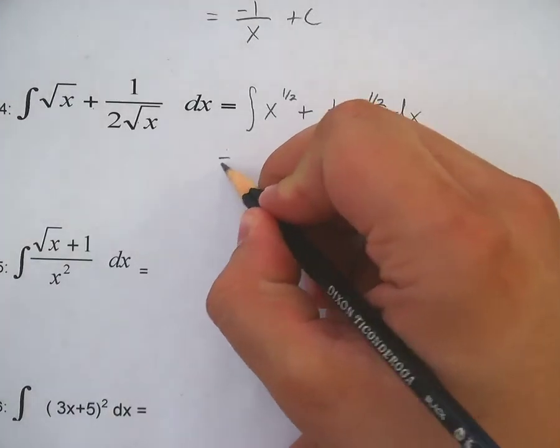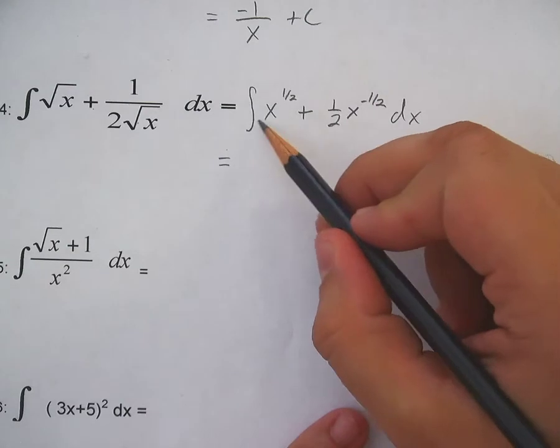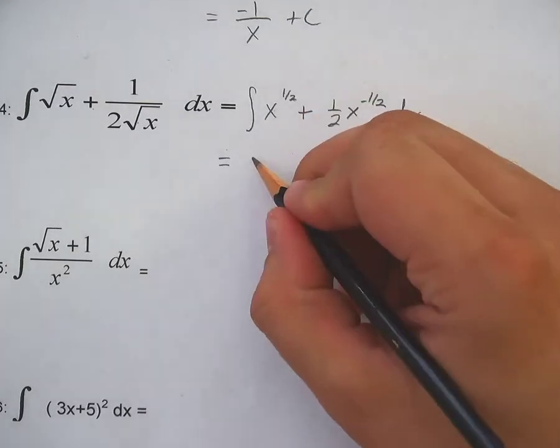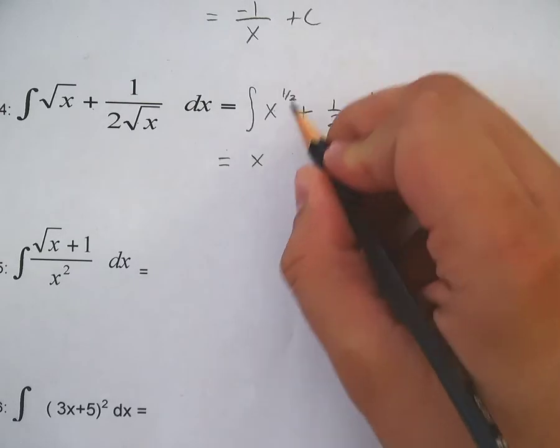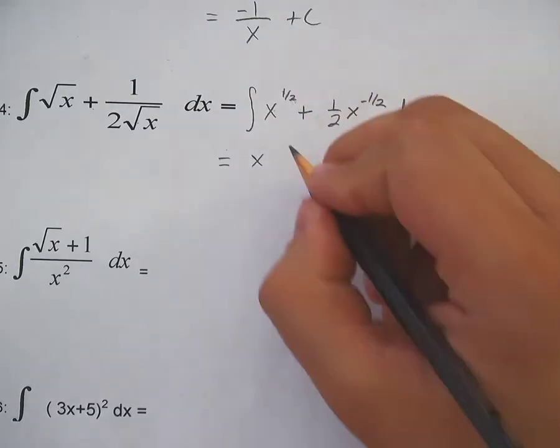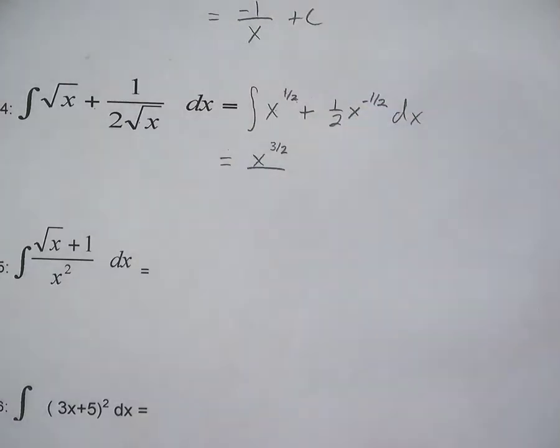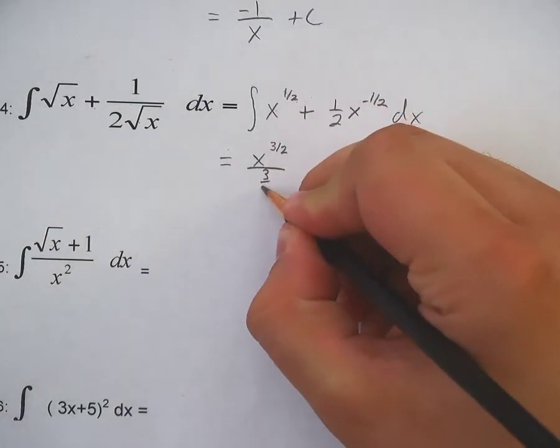So the first thing I'm going to do is rewrite it. Let's come underneath here and see what this is equal to. x to the 1/2. So add 1 to that, and it's going to be x to the 1/2 plus 1 is 3/2. Now you have to do over n plus 1, over 3/2.